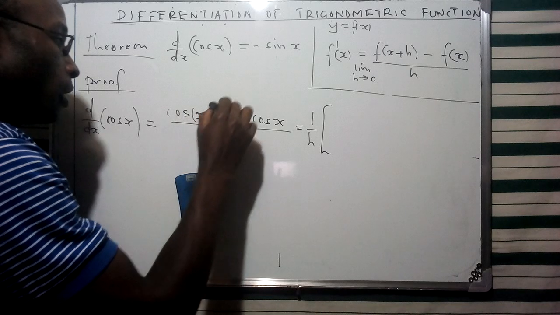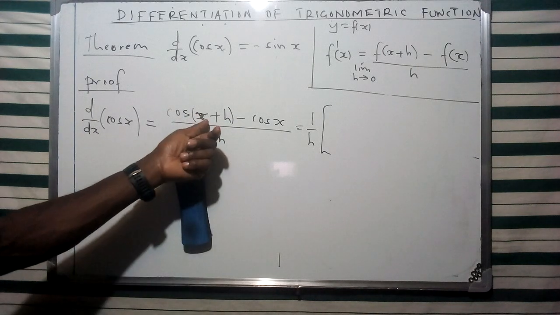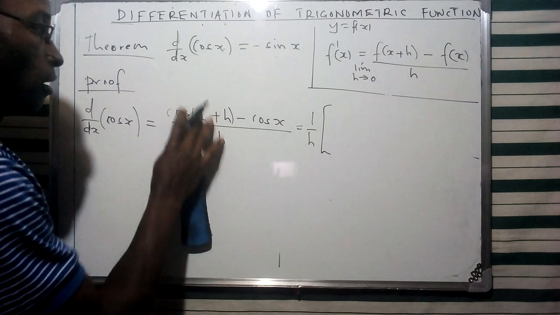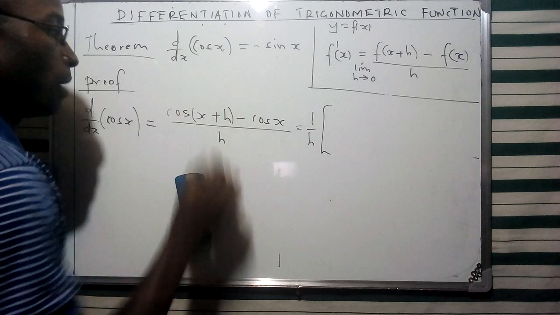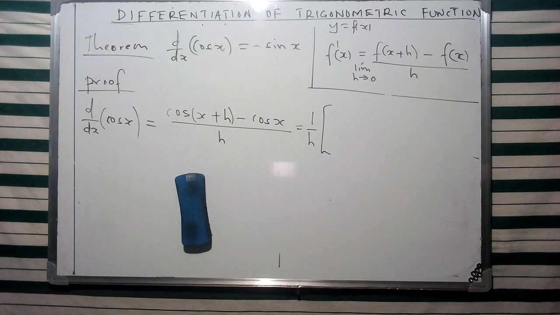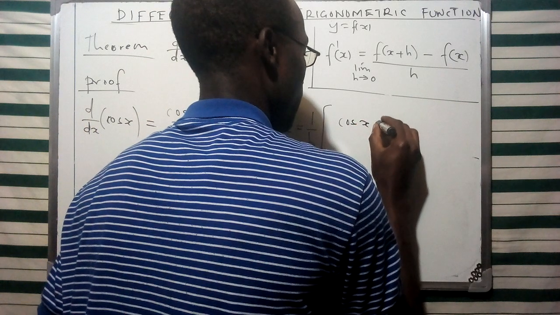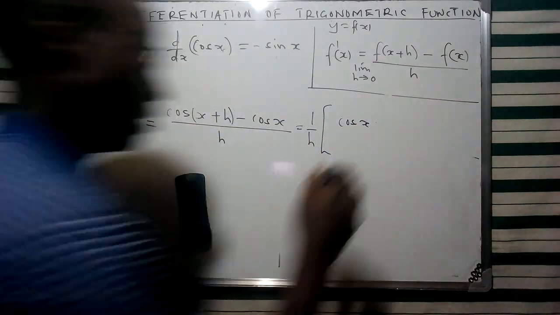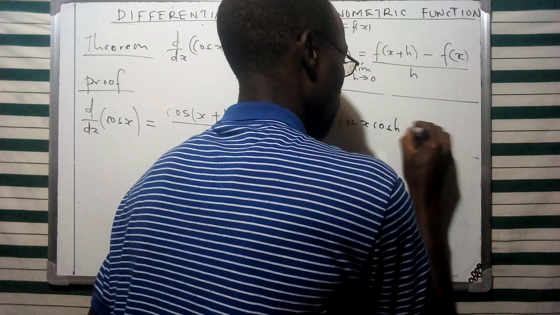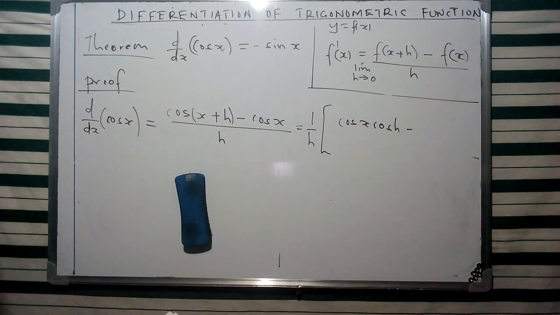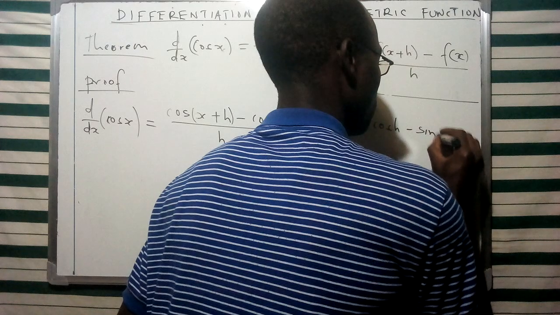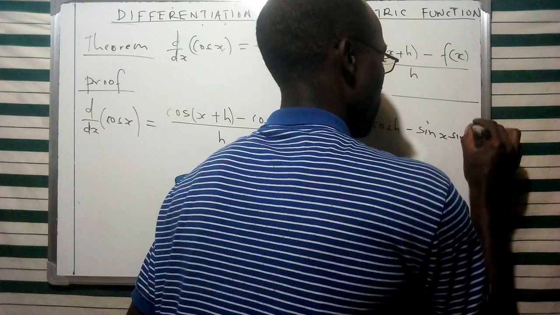Whenever we have this, I've talked about the concept of the sum and difference of trigonometric ratios, whereby the cosine of x plus h can be written in terms of the cosine of x, times the cosine of h, minus the sine of x, times the sine of h.